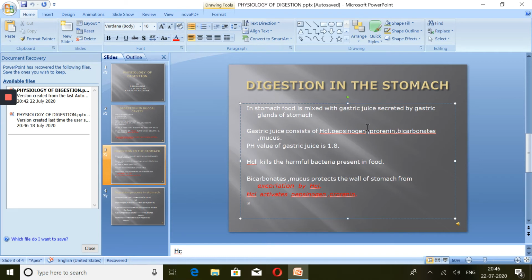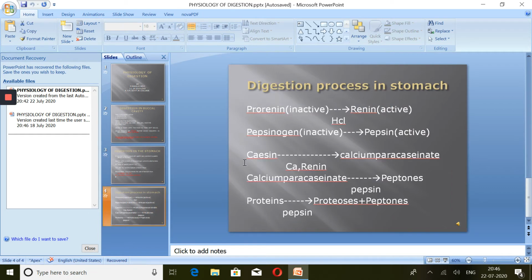Once these inactive enzymes react with HCl, some of the groups in pepsinogen and prorenin are removed by the HCl, making the active sites exposed. That is known as activation. So prorenin, an inactive form, in the presence of HCl is activated into renin, which is the active form.